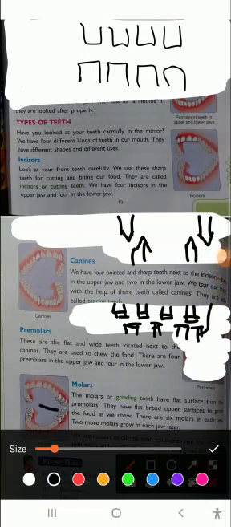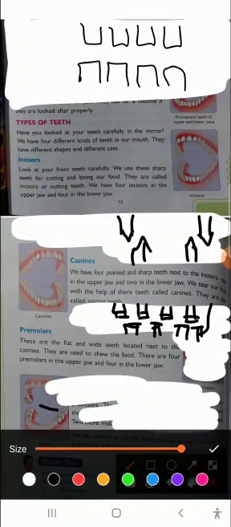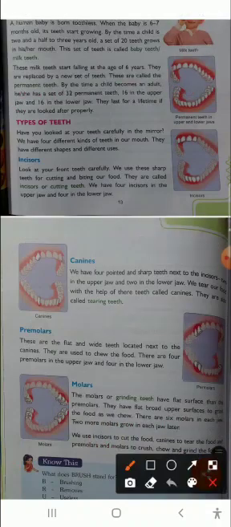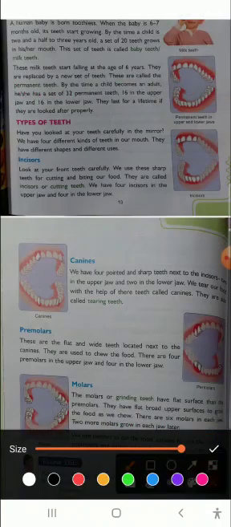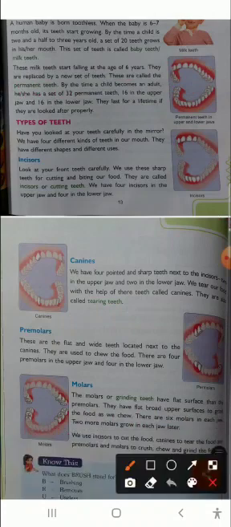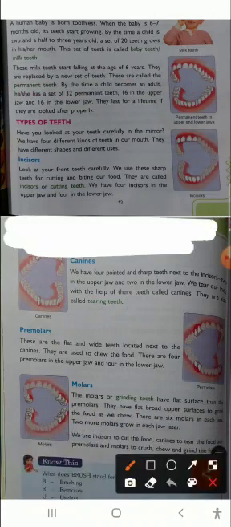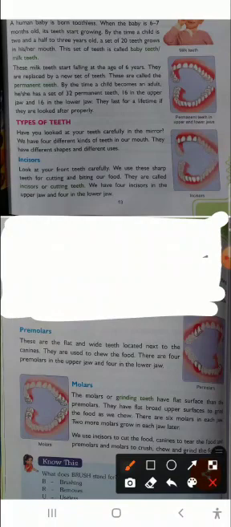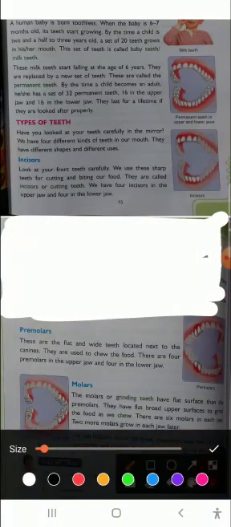Now, for molars, again 6 at the upper jaw and 6 at the lower jaw. See, I'm again describing molars. For molars, what will you do?